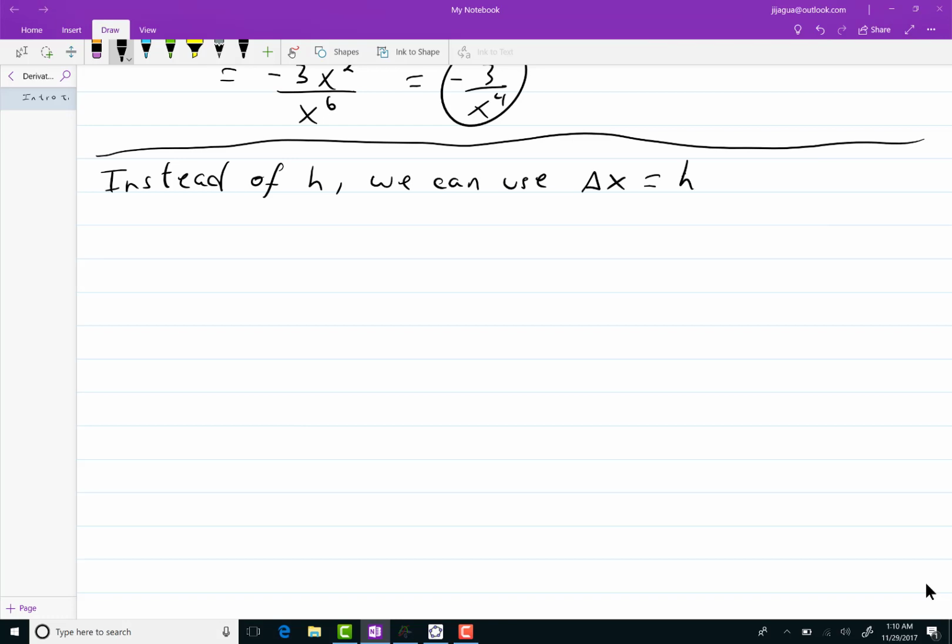This represents the change in the x values. That's very popular in the sciences, particularly physics. So in that case, the derivative formula looks like this. Wherever you saw an h, change it to delta x.